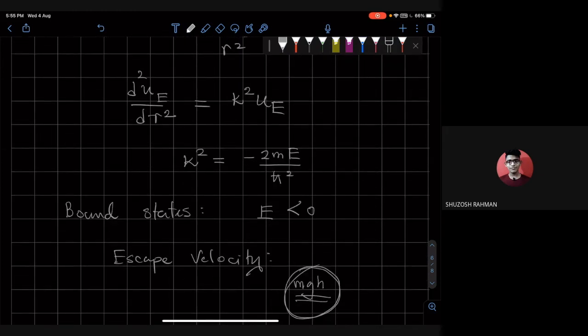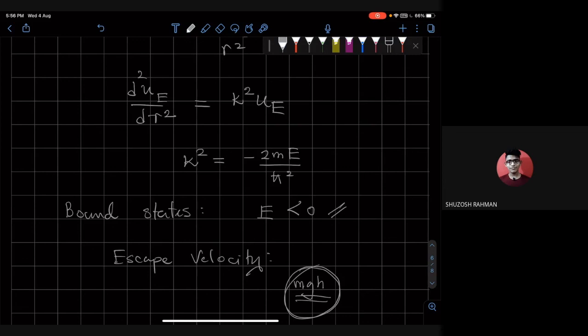I was just trying to argue about bound states and how they have negative energy. I was trying to justify that if we assume the potential energy is 0 at infinity, then our potential energy near the Earth is negative, and therefore for bound states the total energy is something negative.